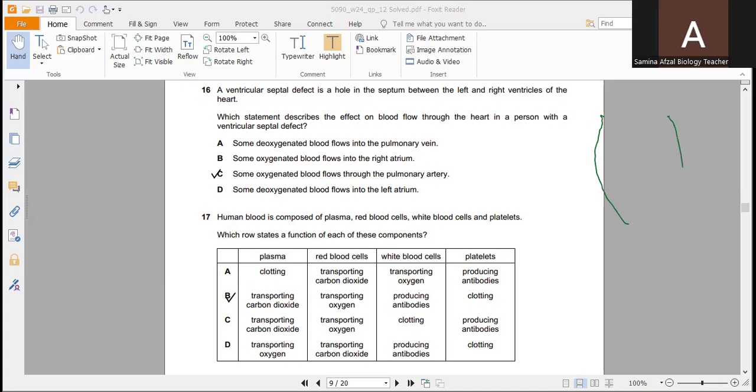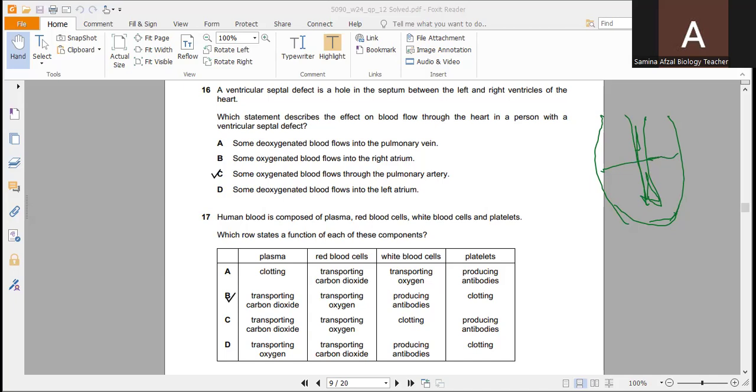You can see the heart. This is the septum, and there is a hole in it. Normally the septum does not allow blood to flow between the ventricles.